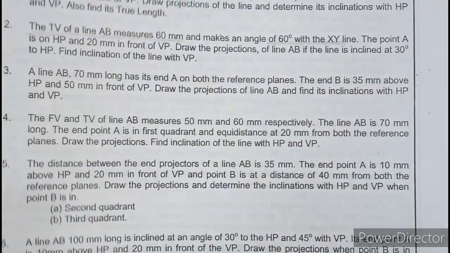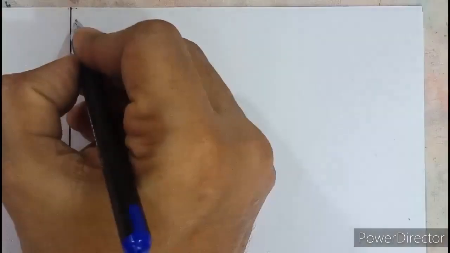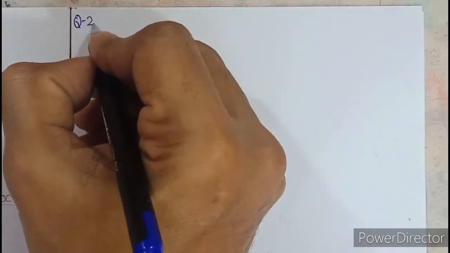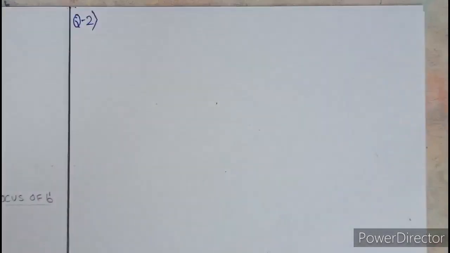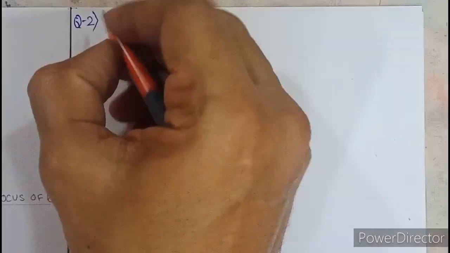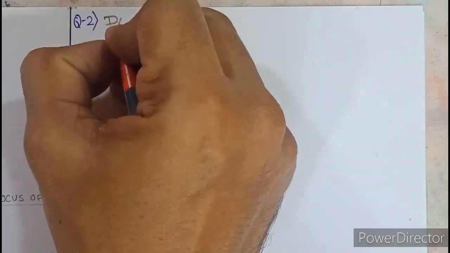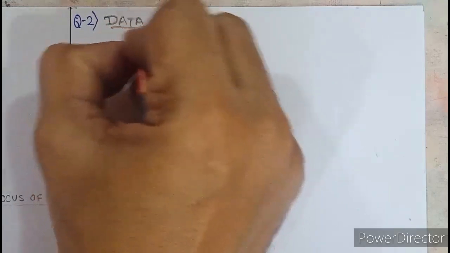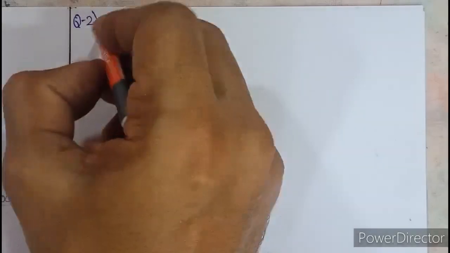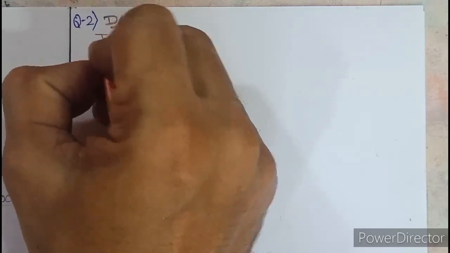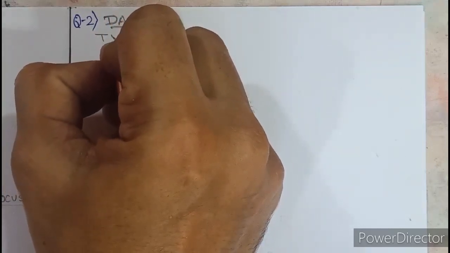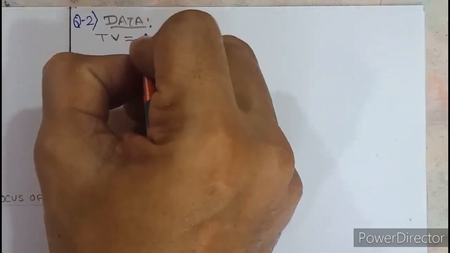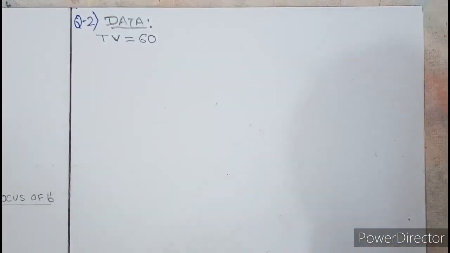Okay, so let us write down here the data. First, as we discussed last time, always write the question number with pen, and then with pencil you start writing the data. Write DATA in capitals and underline it. They have said top view length, so you may write TV. TV alone is sufficient, no need to write AB. So TV equal to 60, and no need to write millimeter.